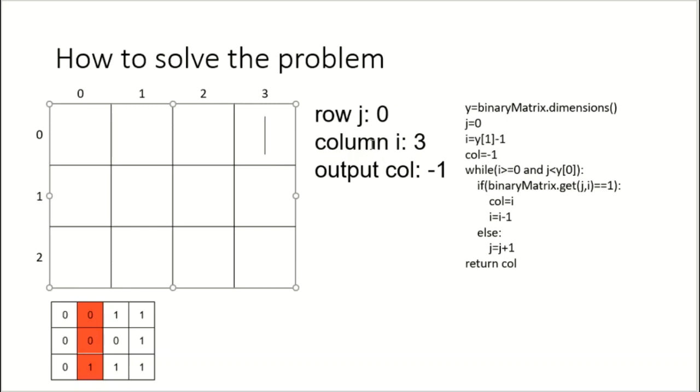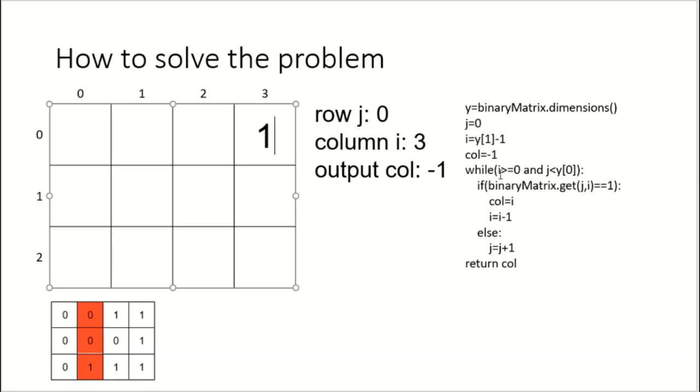First I check the 0th row and the 3rd column, whether it is 1. Indeed it is. So I know that for now the 3rd column has a 1 in it.